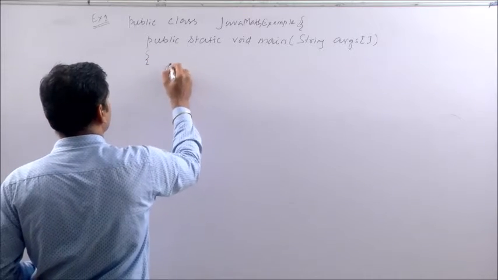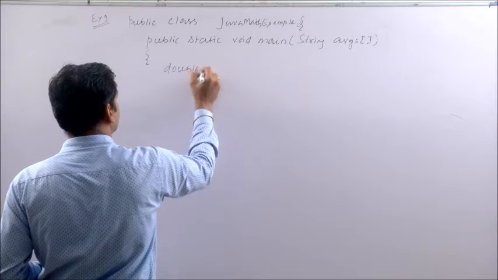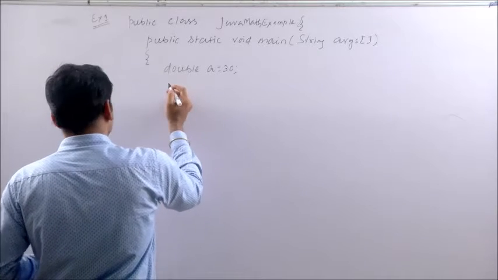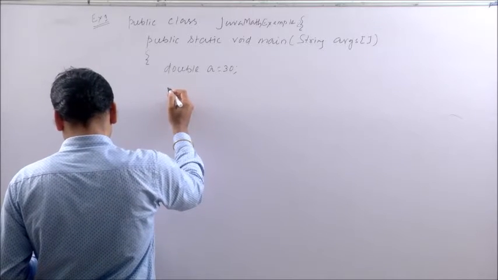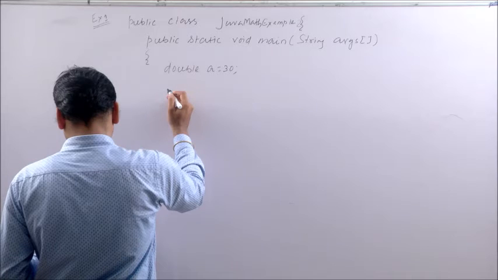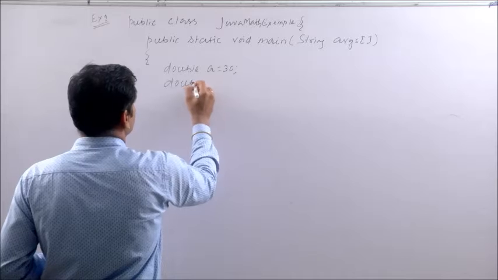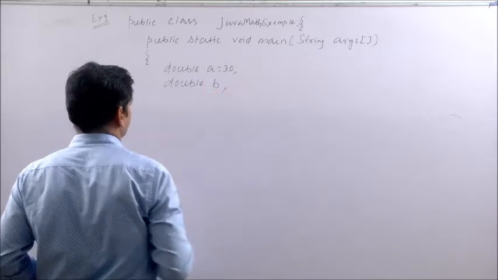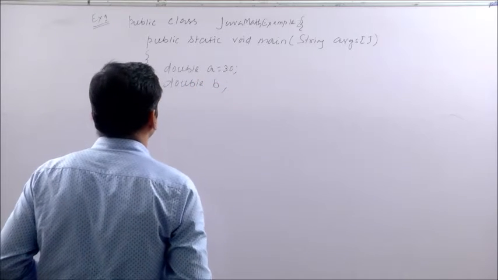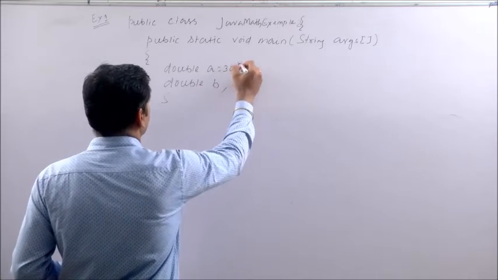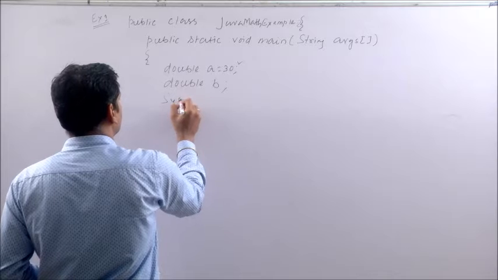Here suppose there is a variable of double type, that is a, and the value is 30. So we are going to use the methods to display. Let's suppose there is another one, b. Now if suppose the 30 is the degree value, we want to convert it into radian.